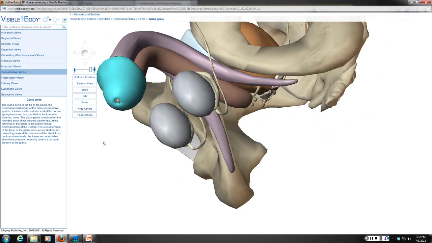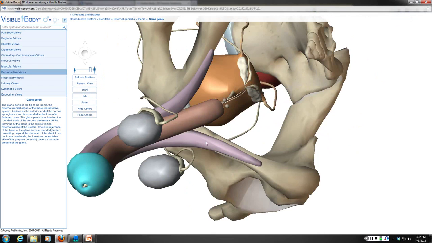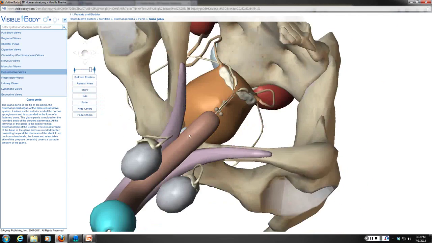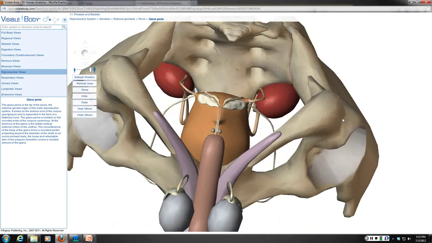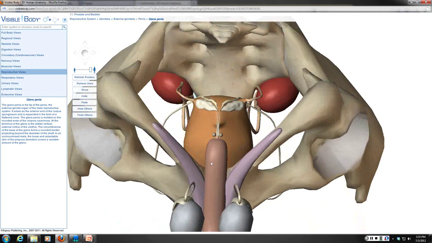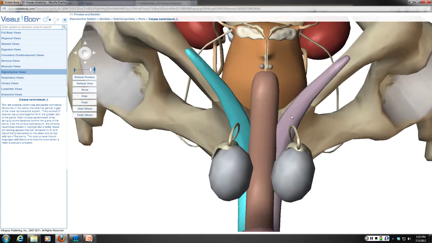These structures in the back, if I rotate this around, well, that's kind of a wild view there, isn't it? These two structures that flare out inside the male body help anchor the penis to the muscular tissues on the inside here. Those are called the crura, or a crus on each side.